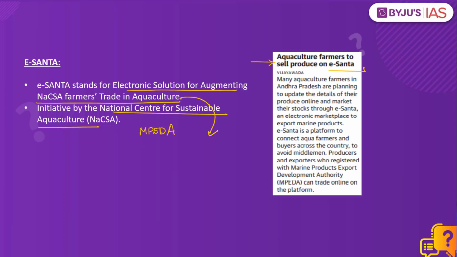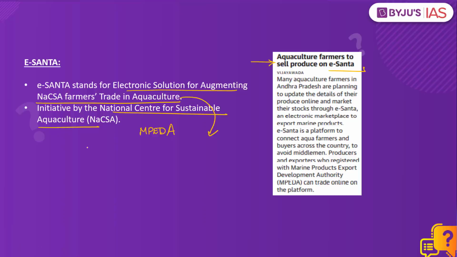Aquaculture is the farming of fish, crustaceans, aquatic plants, algae and other such aquatic organisms. In aquaculture, the freshwater as well as saltwater populations are cultivated under controlled conditions, and eSanta plays an important role in connecting the buyers and sellers of this aquaculture produce. eSanta also helps in international trade.